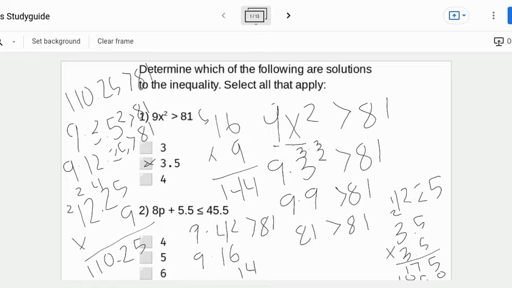So is 144 greater than 81? Yes. So we knew 4 would work, but then we have the work to prove it.